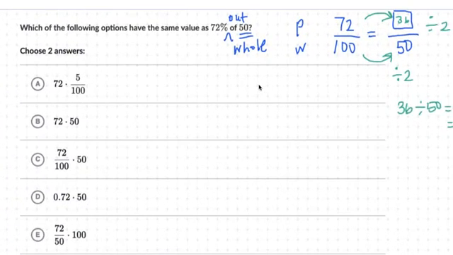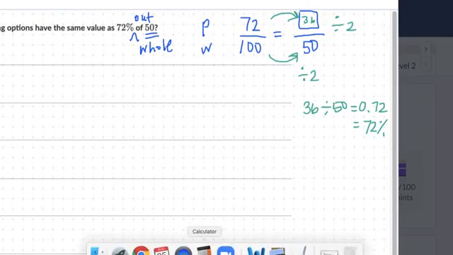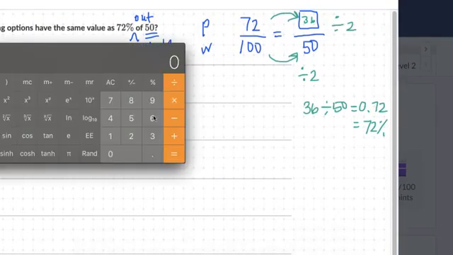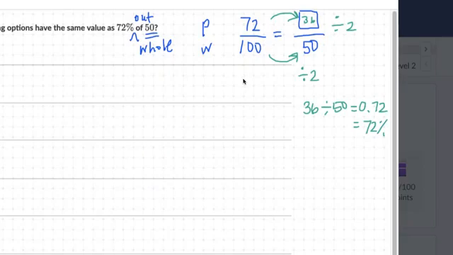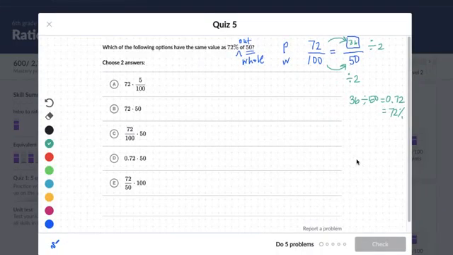So let me do that now. 36 divided by 50 is 0.72, or 72 hundredths. 72 hundredths is the same as 72% because it's out of 100. So that means my answer is correct. So the answer is 36. 36 is 72% out of 50, the whole.